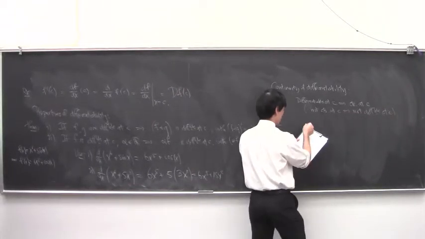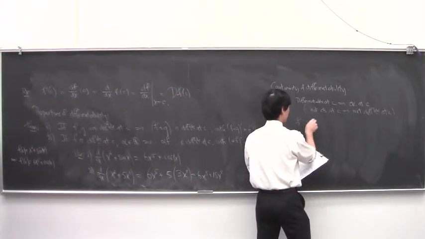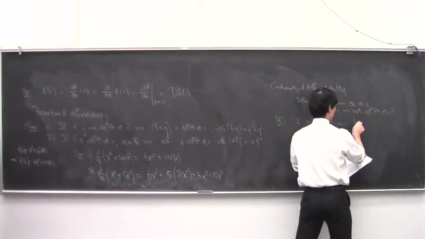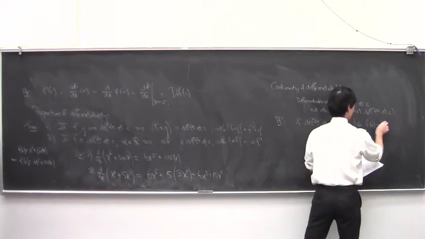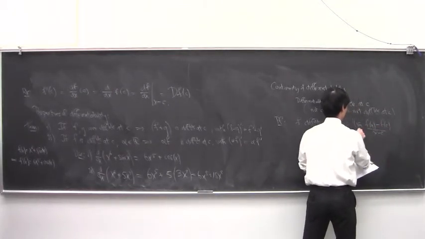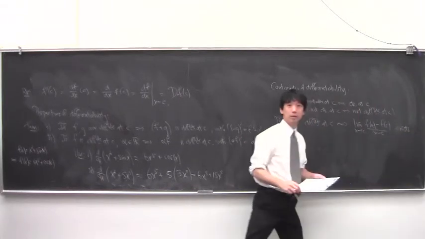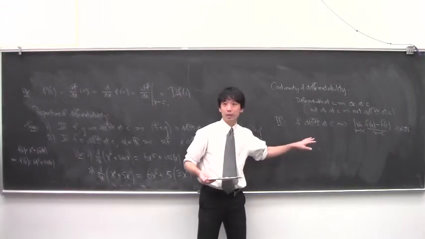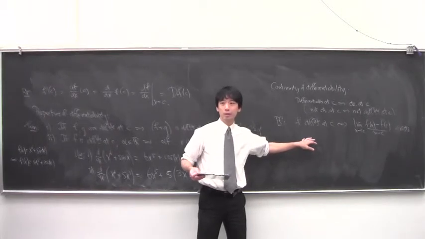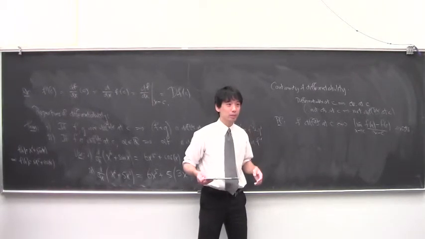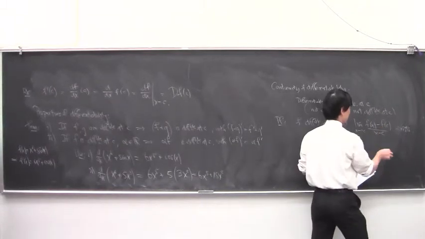Say f is differentiable at c. That means that this limit exists. Remember what continuity meant. Continuity meant the limit as x goes to c of f of x equals f of c.